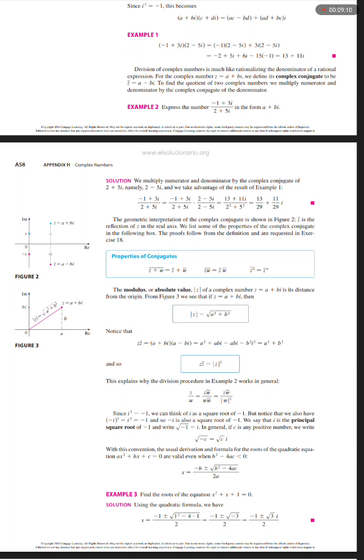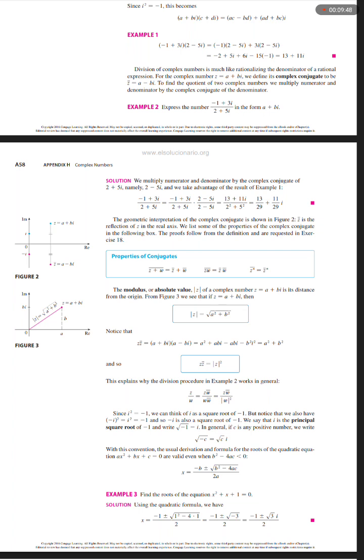The modulus, or absolute value, of a complex number z equals a plus bi is its distance from the origin. From figure 3, we see that if z equals a plus bi, then the absolute value of z equals the square root of a squared plus b squared.